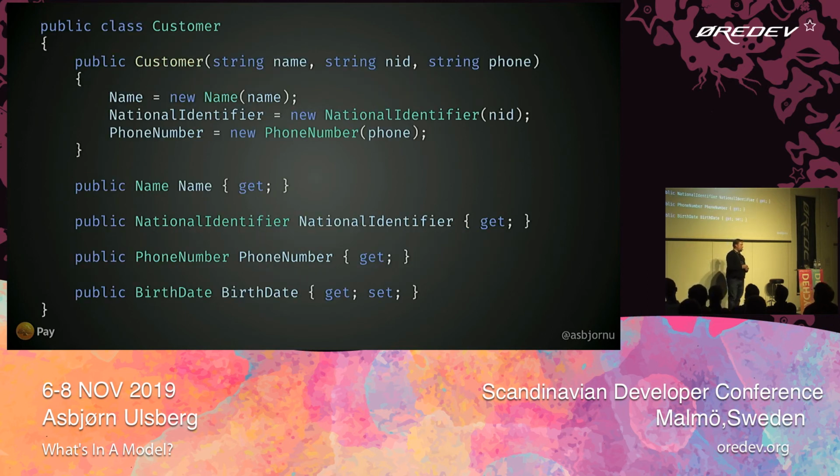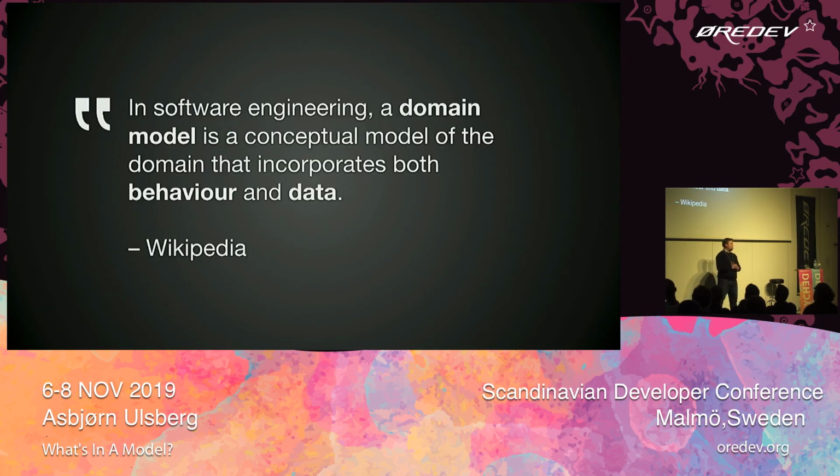We still have a problem with our class, though. We have what's called an anemic domain model. Now, if we go back to the definition of domain model, it should capture both behavior and the data. And I think we've captured data quite well now with our domain models, but what about the behavior?